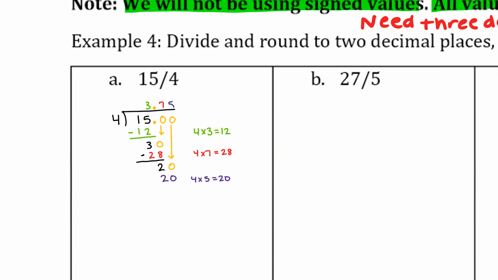So the 5 goes upstairs, the 20 is downstairs for subtraction, and I subtract and I get 0. And remember, if you get 0 and there's no other digits, you can stop. So 15 divided by 4 is 3.75.